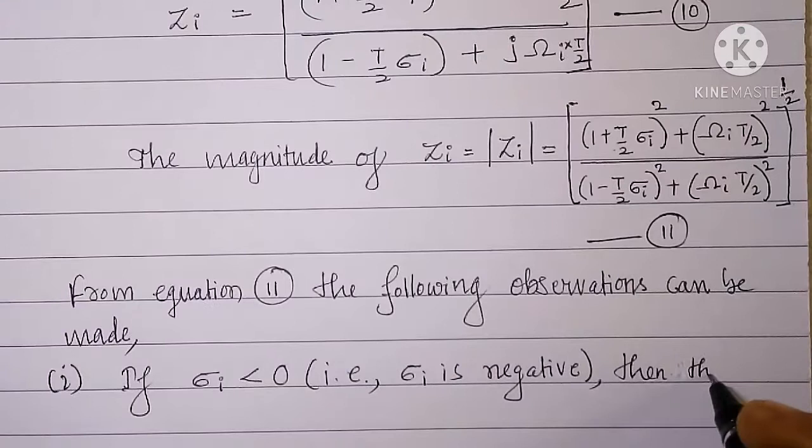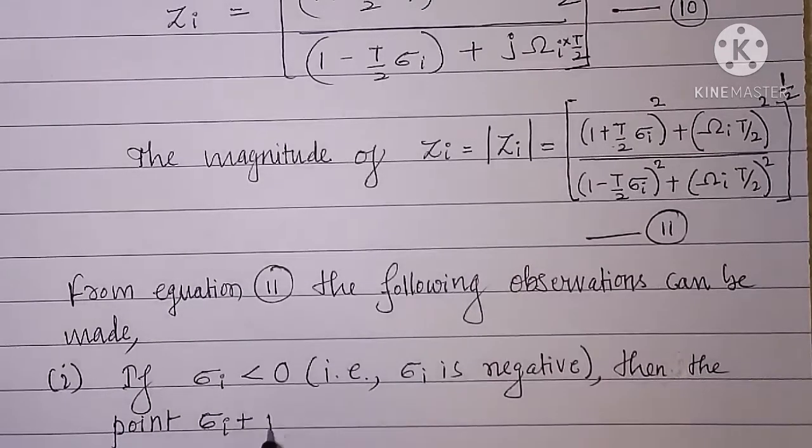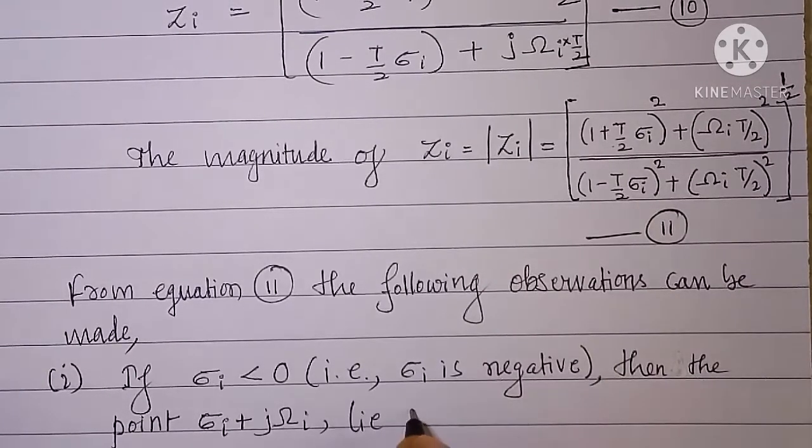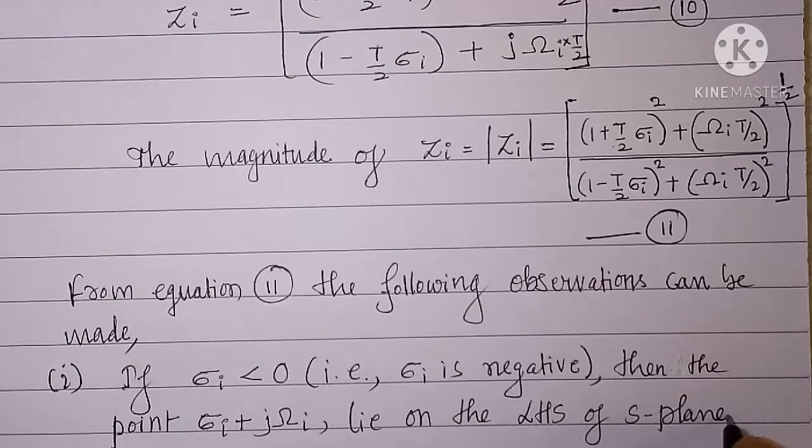Then the point sigma I plus j omega I lie on the LHS of S plane.